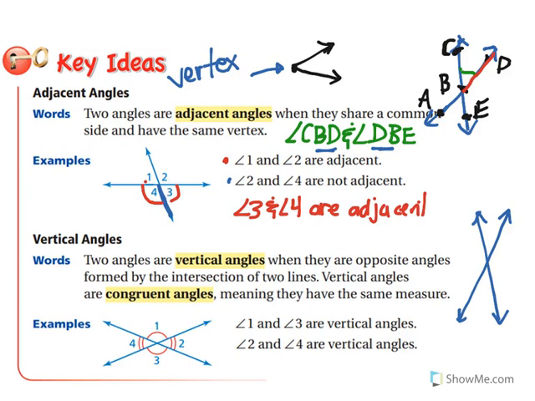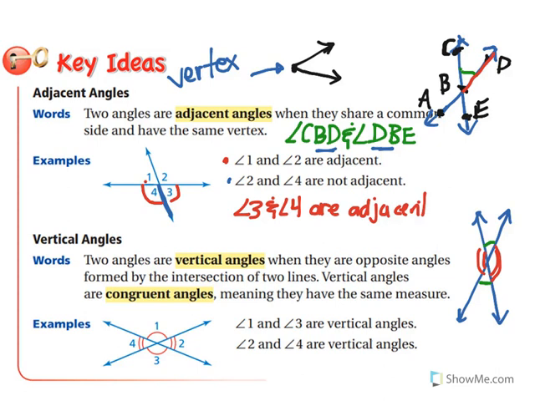The other thing I want you to notice, in this case we have two acute angles that look like they're the exact same measurement, and that's because they are. And then we also have two obtuse angles that are the exact same.